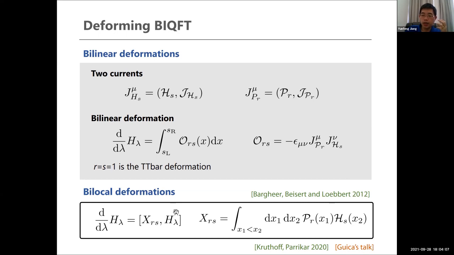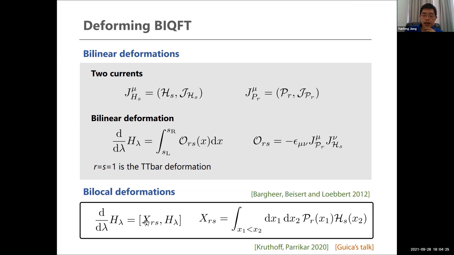So this type of deformation seems to underlie different corners of TTbar-like deformations. I think this is something quite general and powerful, and it definitely deserves more investigation.